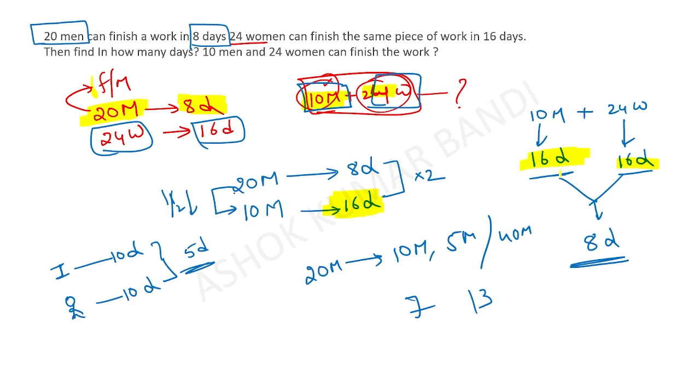So if two groups with the same speed are working together, they are working at double the speed as before, so they can complete the work in just half the time. But now what I'm going to tell you is, if the given numbers are not the multiples as well as not the factors, then how are you going to solve those kinds of problems? So let us see.